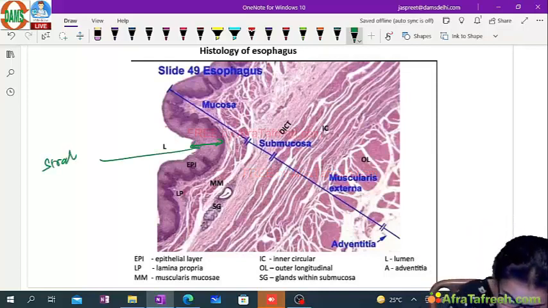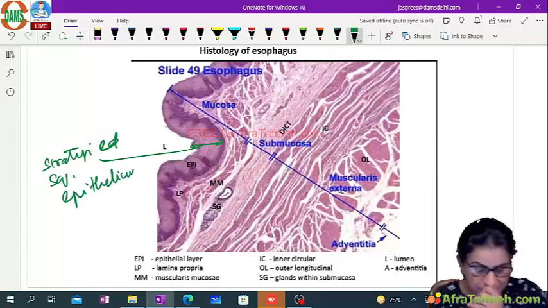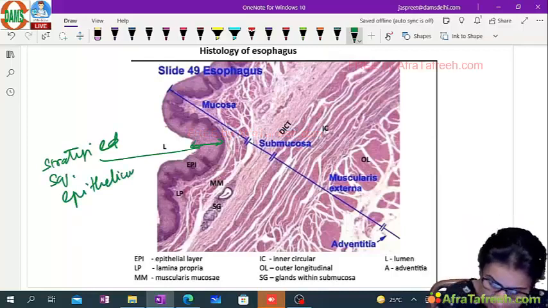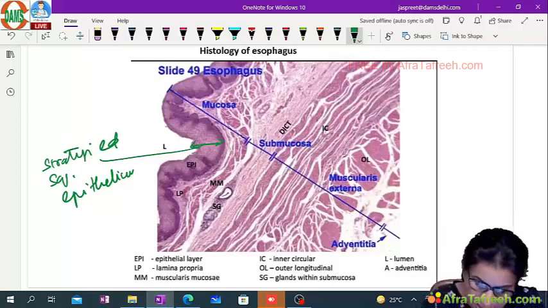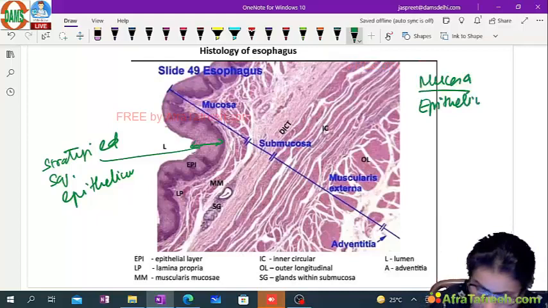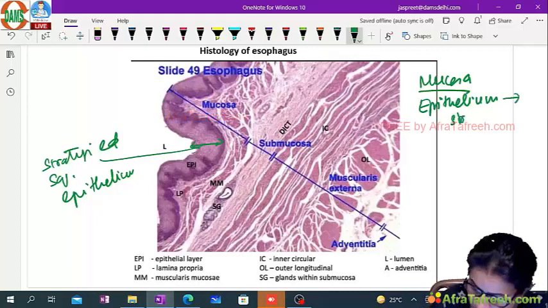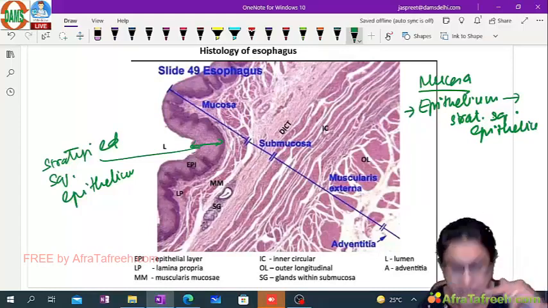It is stratified squamous epithelium. The esophagus has the mucosa, and in the mucosa we have the epithelium, which is stratified squamous epithelium.